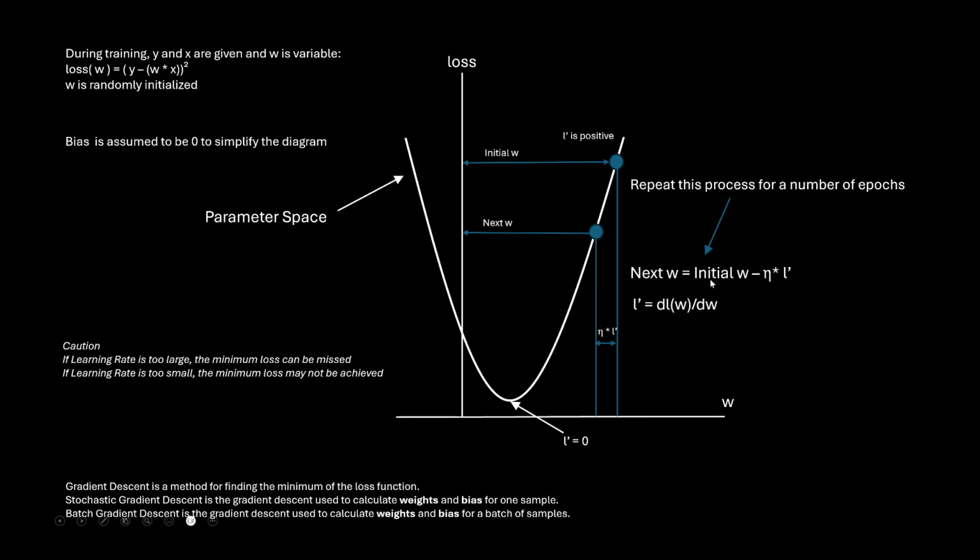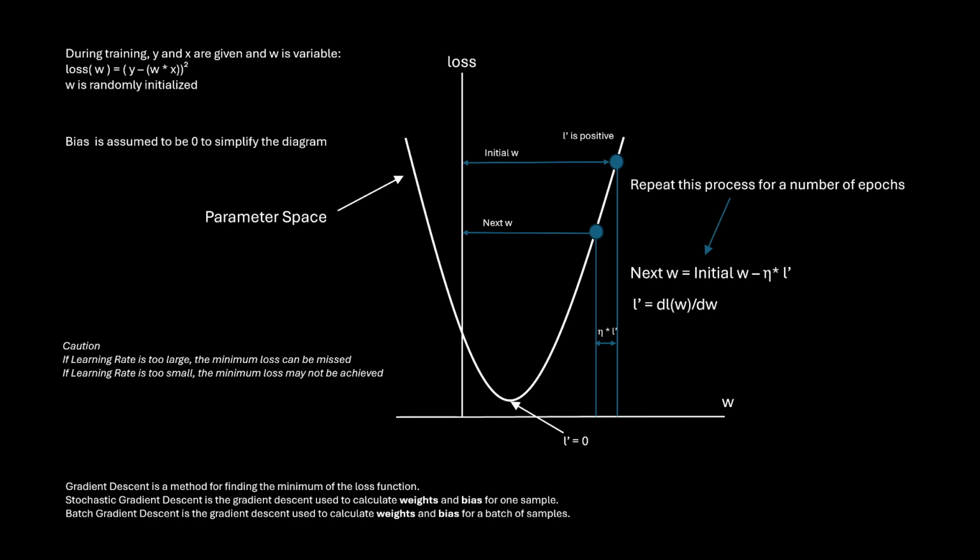If we follow this algorithm for more than one data point at a time, meaning we calculate the loss of multiple data points and then find the weight, we call that the batch gradient descent. So it could be 2 data points, 3 data points, or even the whole set. You may also hear the term mini batch gradient descent.